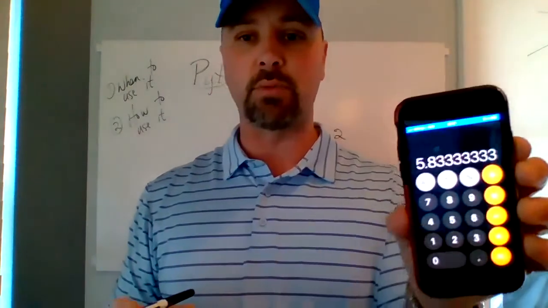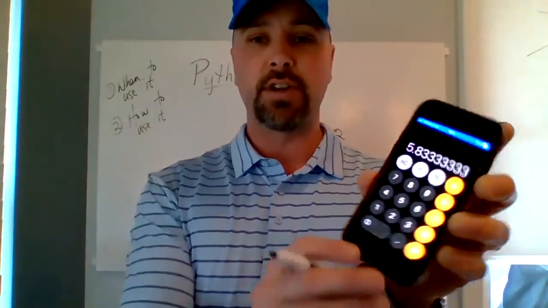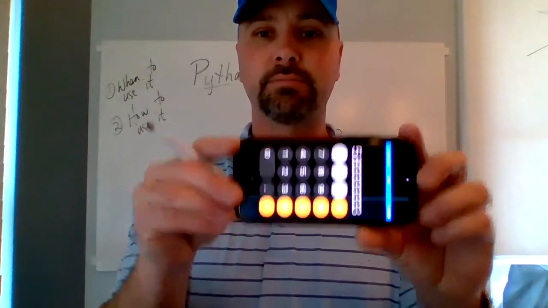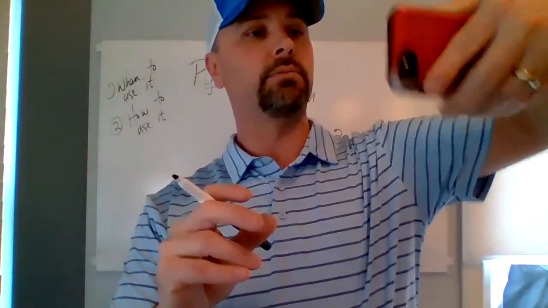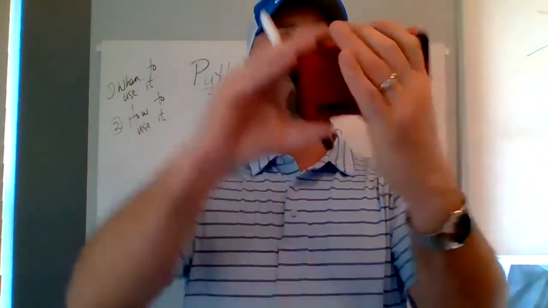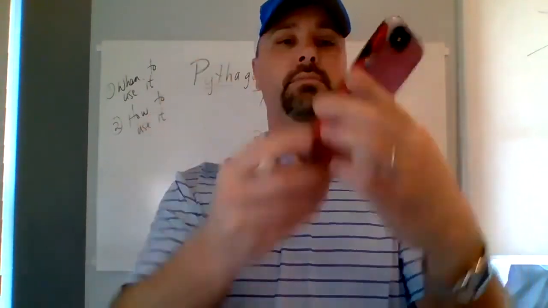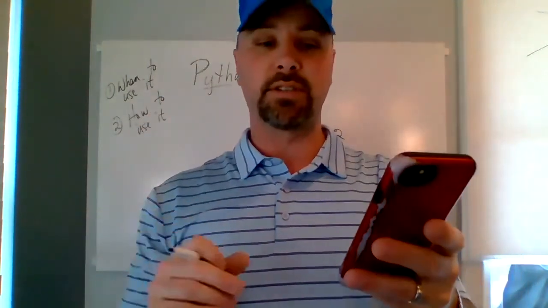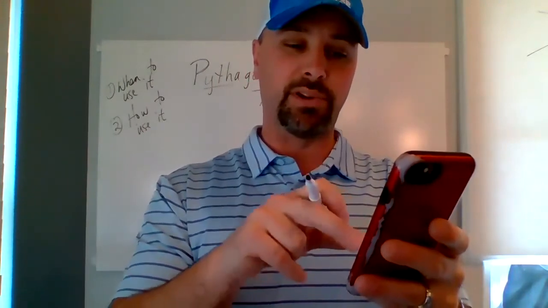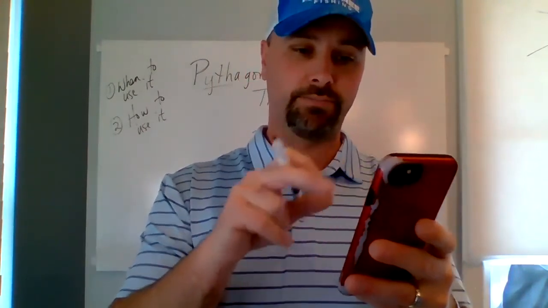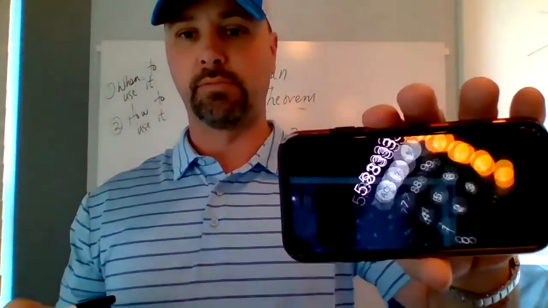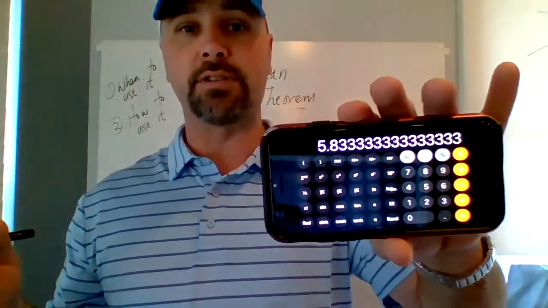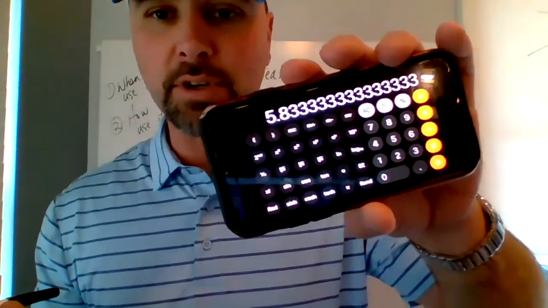Let me show you on my phone. Here's my normal calculator screen. If I turn it to the side, of course, it's not going to do it. Maybe that's because it's locked. Let me unlock it and pull up my actual calculator. I'm glad that happened because the same thing may happen to you.